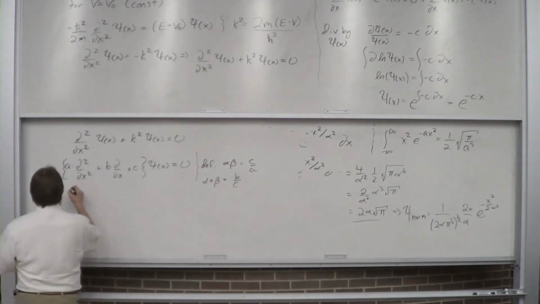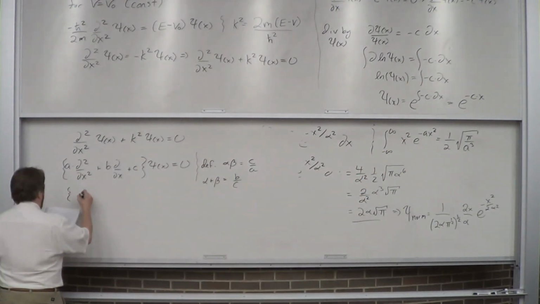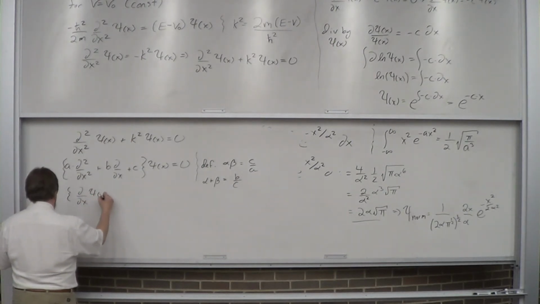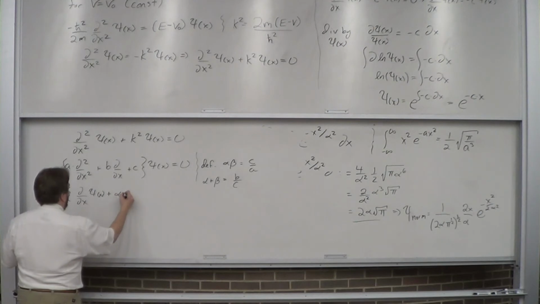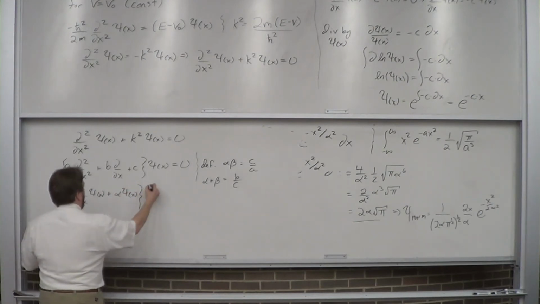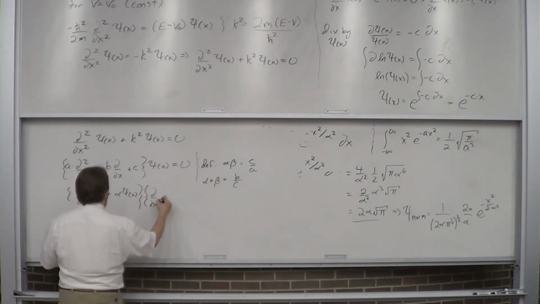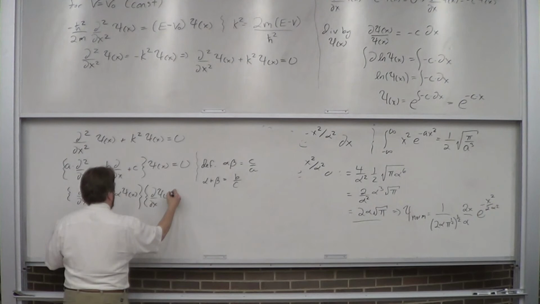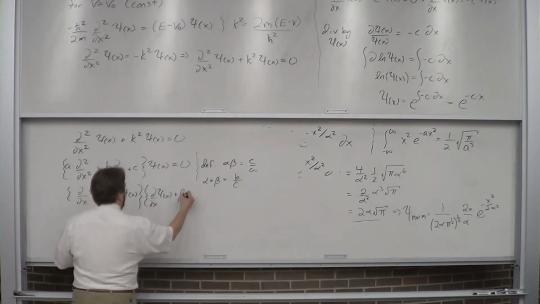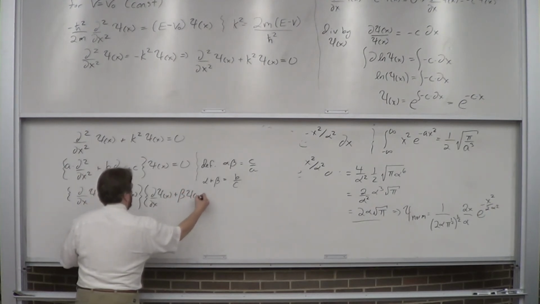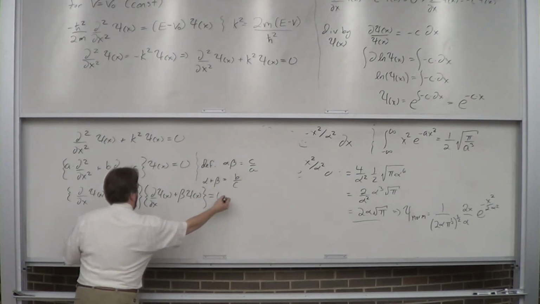Because when you do that, you can now do this. Derivative of the wave function x, plus alpha wave function x. And now for beta, derivative of the wave function plus beta wave function is all equal to 0.